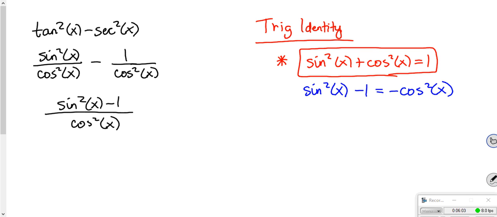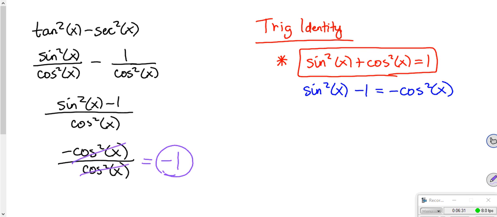So, my problem then, the numerator becomes negative cosine squared x over cosine squared x. Then we can cancel out the cosine squared x's. And what does this leave me with? A negative 1. That is all it reduces to, is negative 1. Let's keep going.